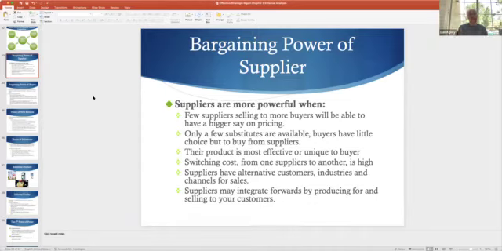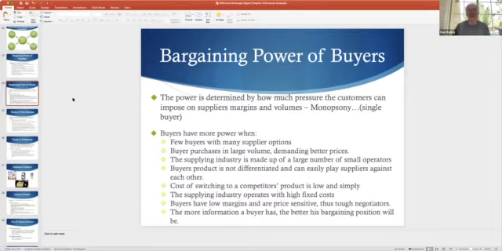All right, let's move to the next one. This is buyers. Buyers now have more power when there are few buyers with many supplying options to them. So I want you to think of this one and use Costco as an example of a company that has buyer power.